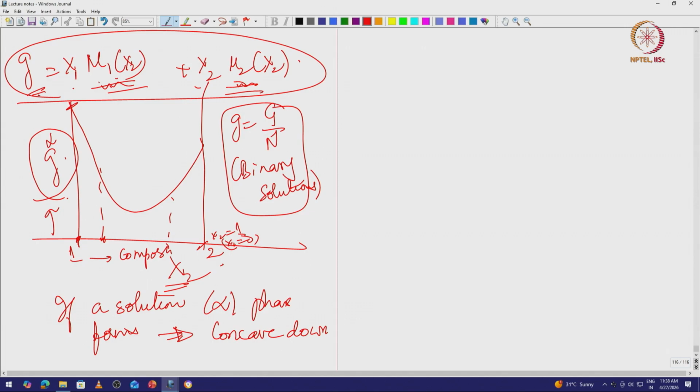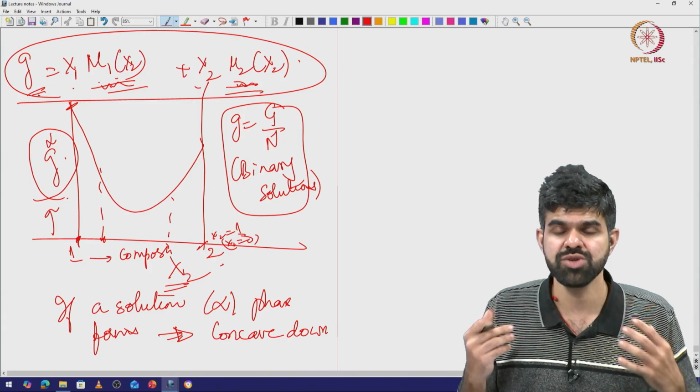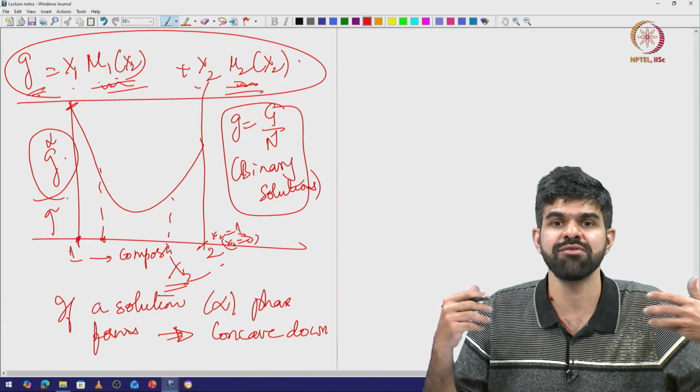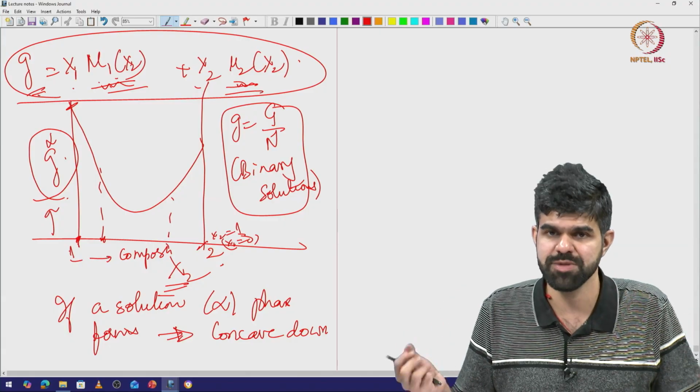I add one more molecule of species 2 to my phase, then that releases some energy, that is mu 2. So, mu 1s and mu 2s are well defined. So, in terms of mu 1 and mu 2, can you tell me what g is? That is just x1 times mu 1 plus x2 times mu 2.